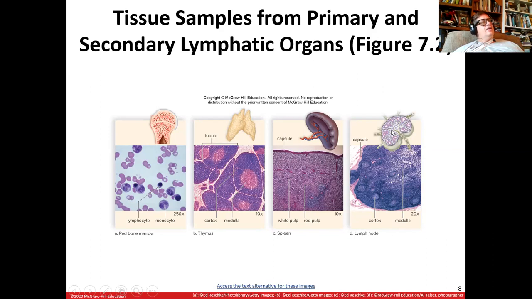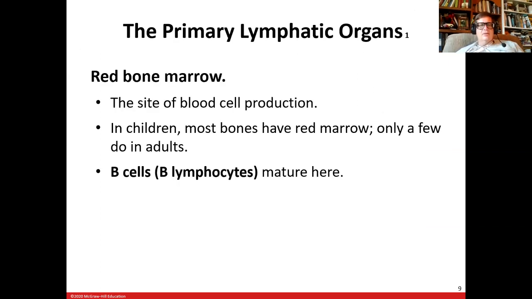The C in cortex should remind you of the outside, okay? It's near the start of the alphabet. The M in medulla should remind you of middle. So the cortex is close to the capsule, near the outside. The medulla is in the middle. All right, let's move on.